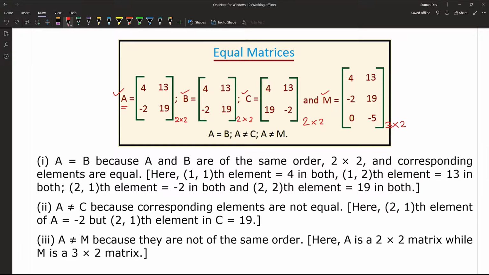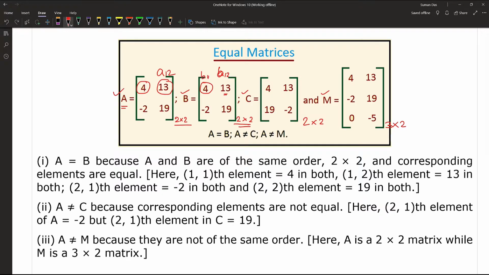A and B are of the same order, but look at the corresponding elements. A11 is equal to 4, and B11 is the same. A12 is 13, and B12 is also 13.